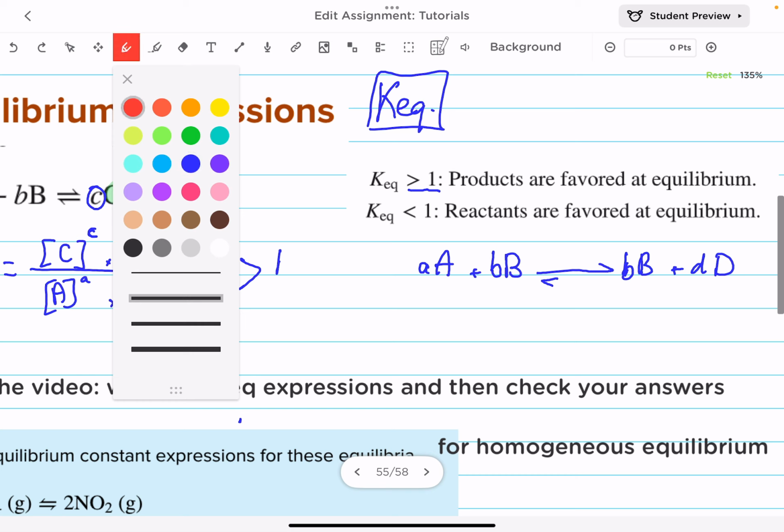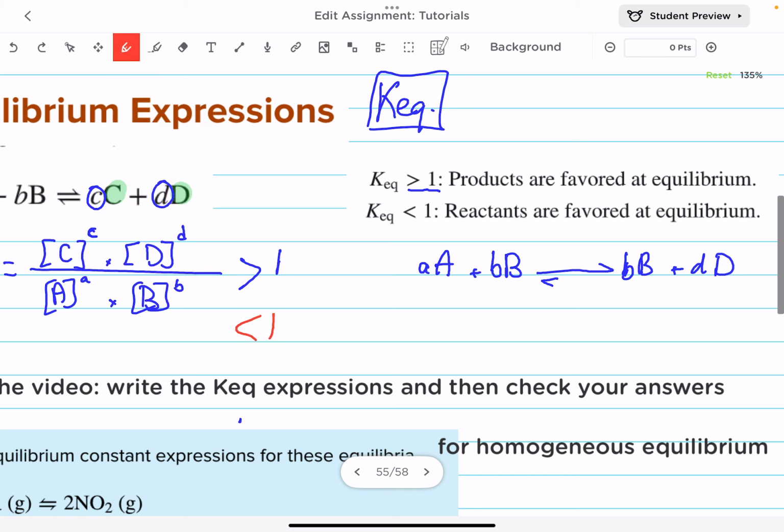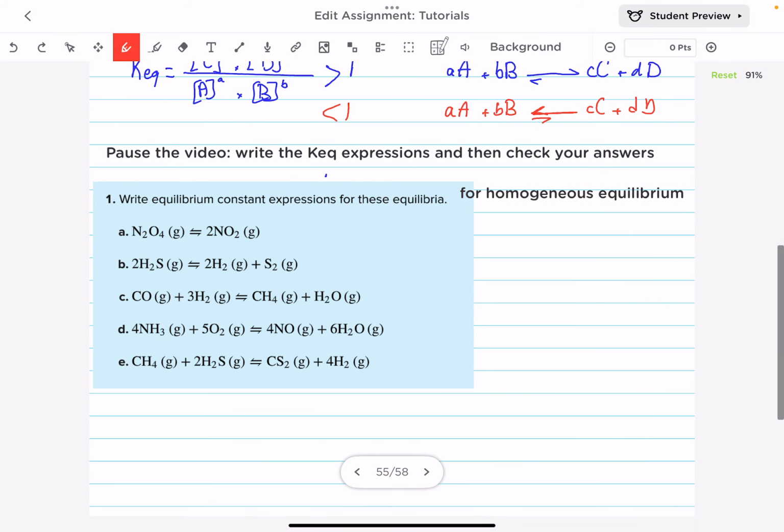If this K equilibrium is less than 1, it means that this reaction favors the reactants. So you can imagine it like that. Sorry, here I wrote B, so I meant to write C. So C plus D.